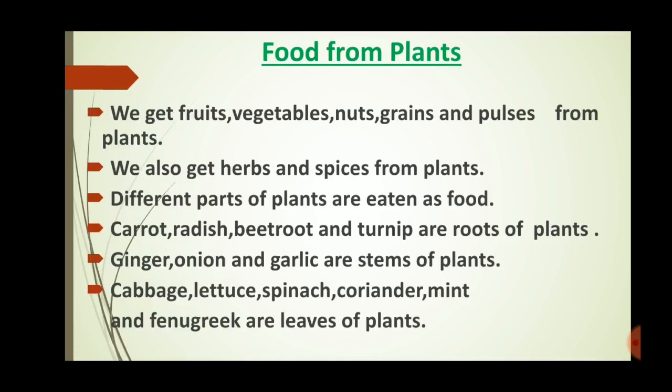Now, the next topic is food from plants. We get fruits, vegetables, nuts, grains, and pulses from plants. We also get herbs and spices from plants. Children, we get most of the food from plants, like spices, fruits, vegetables, nuts, grains, cereals, pulses, and herbs.